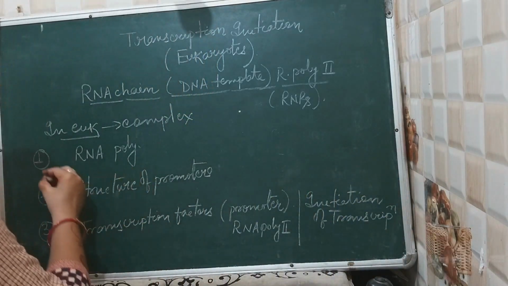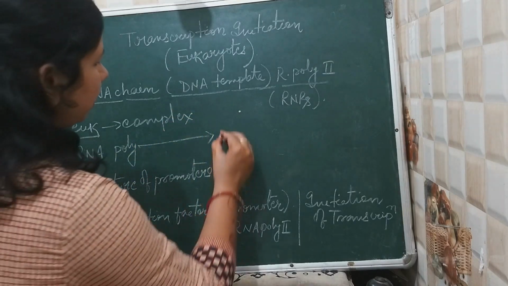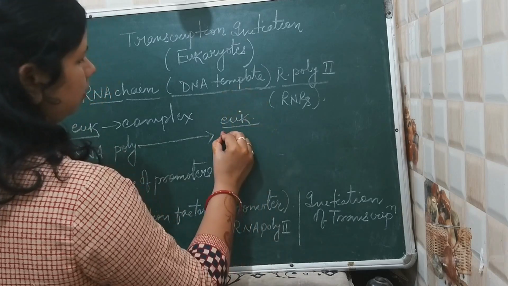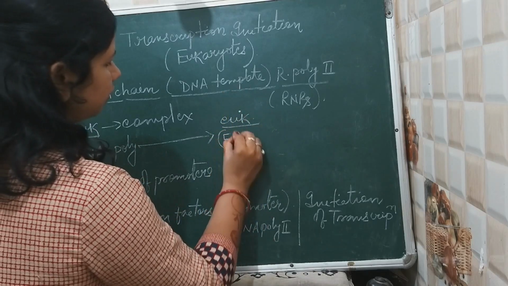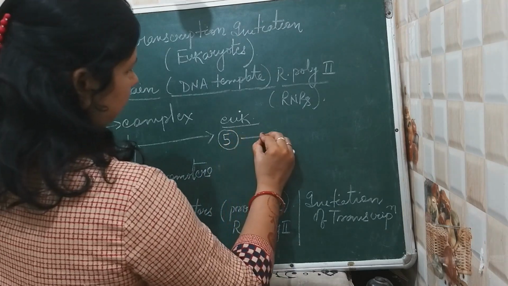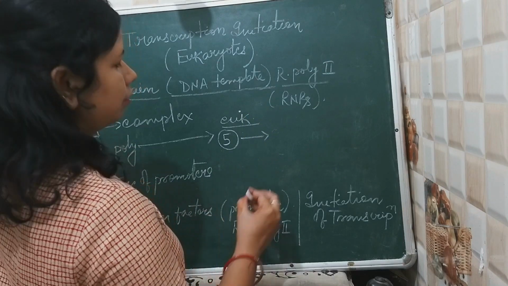So the first thing here is RNA polymerase. In eukaryotes, there are 5 different types of RNA polymerases which are involved in catalyzing the formation of different RNAs.